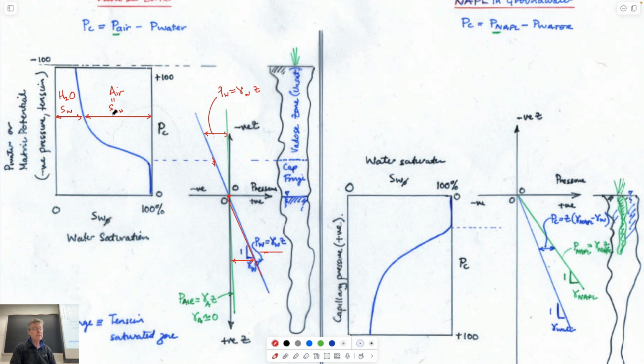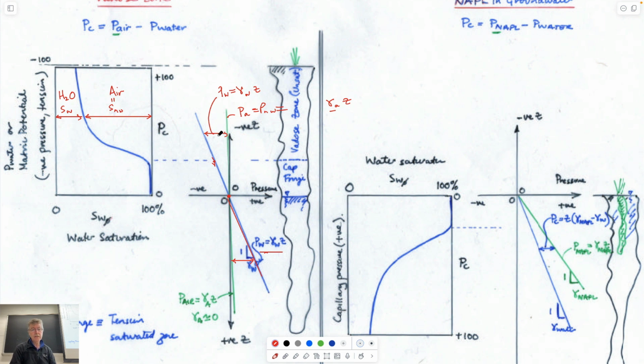The air in this, if it's connected to the surface, also has a unit weight attached to it, but the pressure of the air, which is also the non-wetting fluid pressure, is going to be equal to the unit weight of air times its elevation. But because the unit weight of air is 1 kilogram per cubic meter out of 1,000, it's essentially parallel to this line.